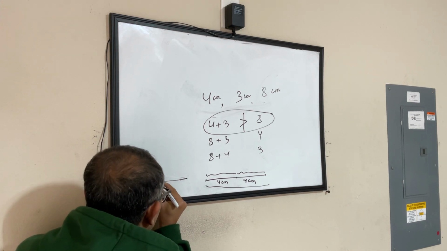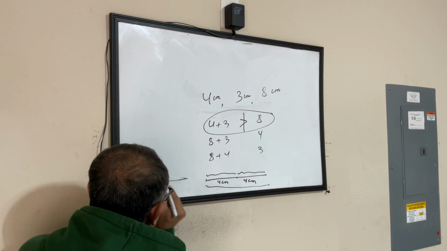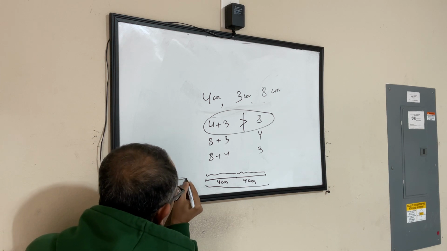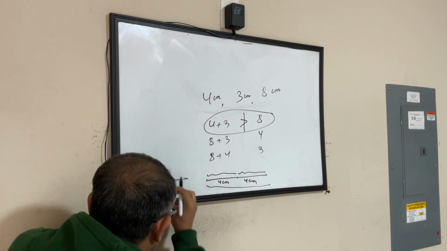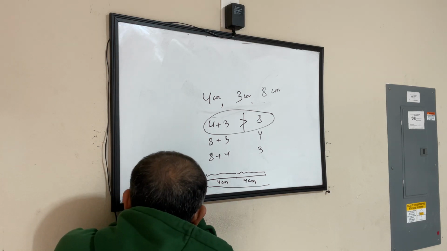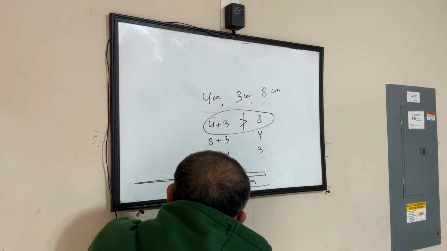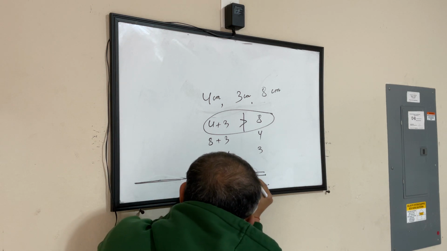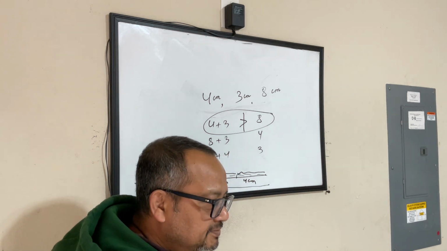I'm saying even if it has to look like a triangle, it has to be like this. Then only you'll be able to believe that this looks like a triangle. And for that to happen, these two have to move a little bit up, and you will see that this line is a little bigger than this one.